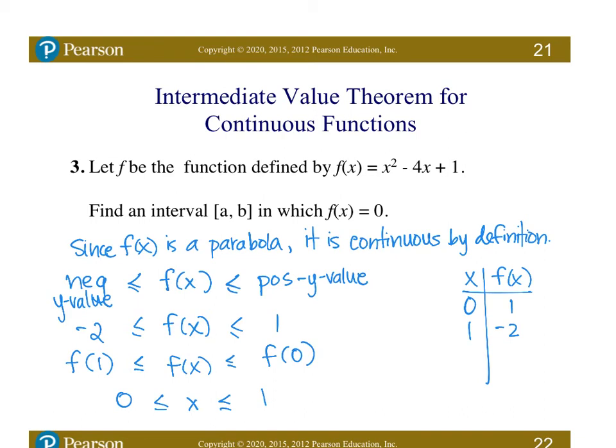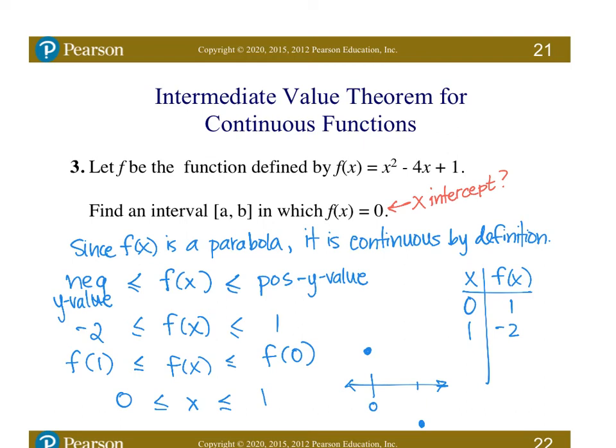Can you picture that? This is a parabola, and I want to know, where does it cross the x-axis? Where does it have an x-intercept? That's what it's asking for. When f of x equals 0, that's an x-intercept. If this is the x-axis here, there's 0, it's going from 0, 1 to 1, negative 2.